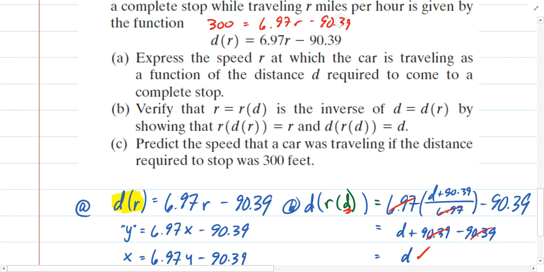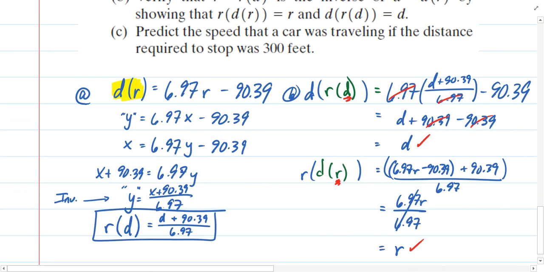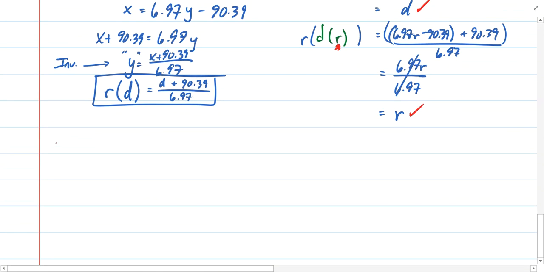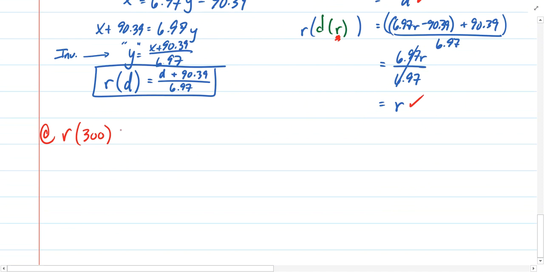That's going to require some algebra work in order to isolate and solve for r. But since we have the equation right here, we can say that the rate at which the vehicle was traveling based on 300 feet of stopping distance would be 300 plus 90.39 divided by 6.97.